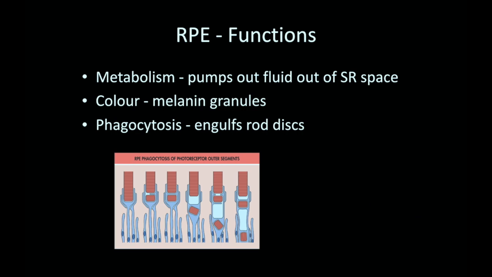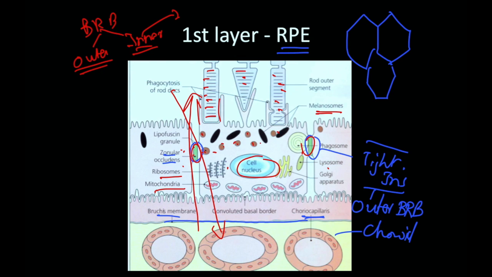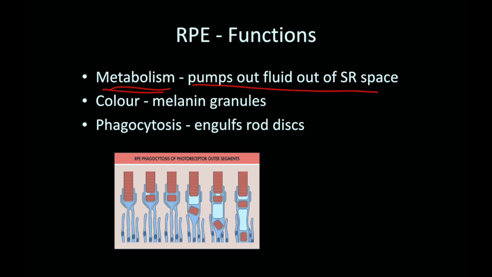Okay, so the functions of RPE: first is the metabolism. It pumps the fluid out of the subretinal space. So what is the subretinal space? The space between this RPE and the rods and cones. You can see there is no space existing here, but actually there's a potential space, and that potential space is the subretinal space.